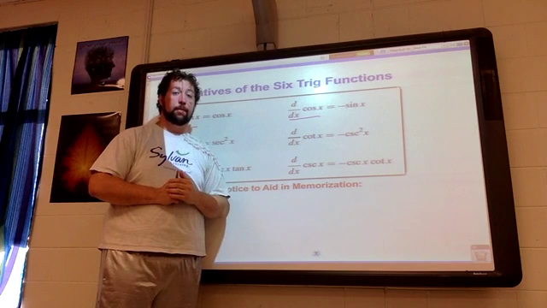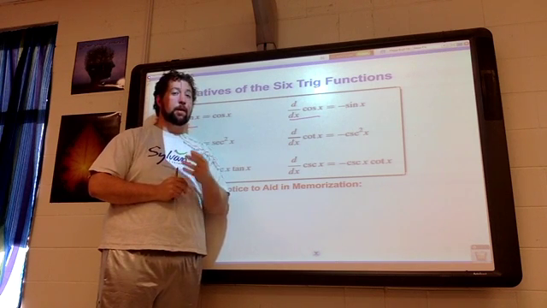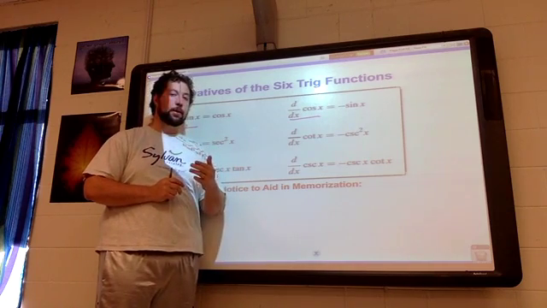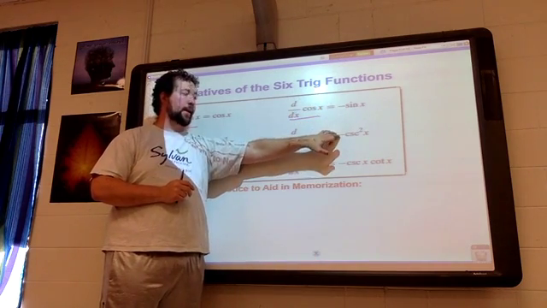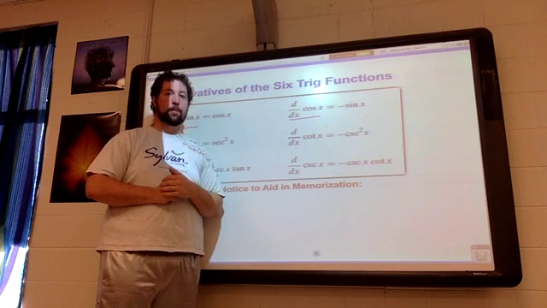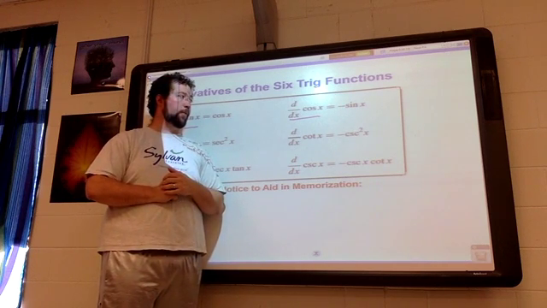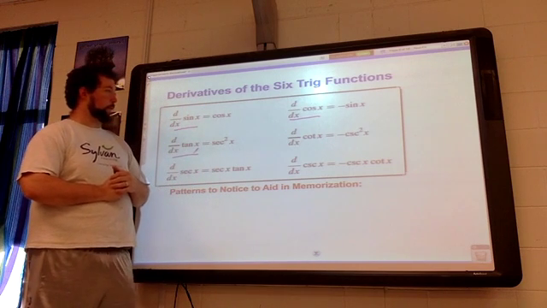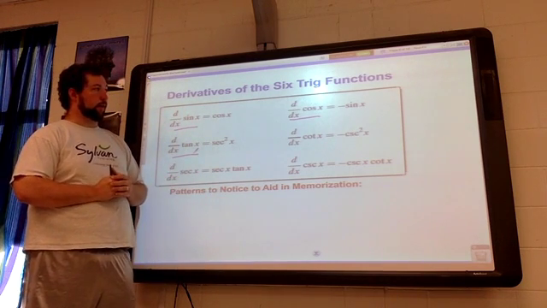Each of them are negative. So if we're trying to find the derivative of a co-function, a cosine, a cotangent, or a cosecant, it's going to start with a negative. So you might want to write that down there. Derivative of cos, you got negatives.